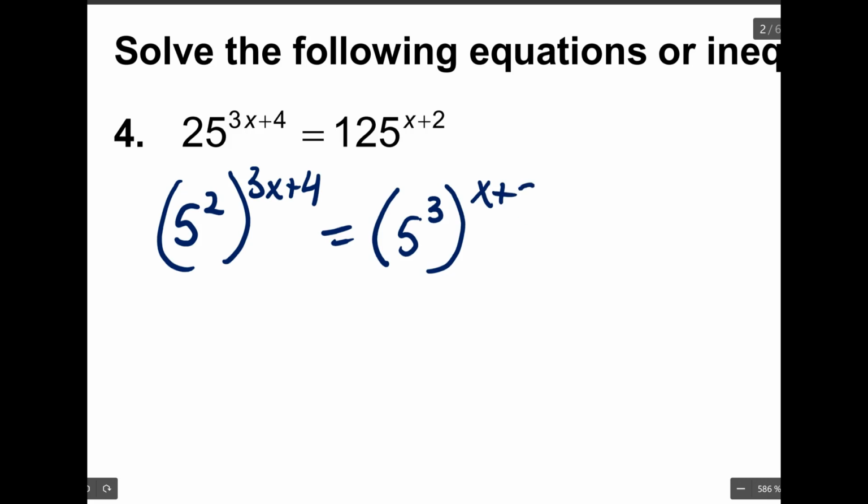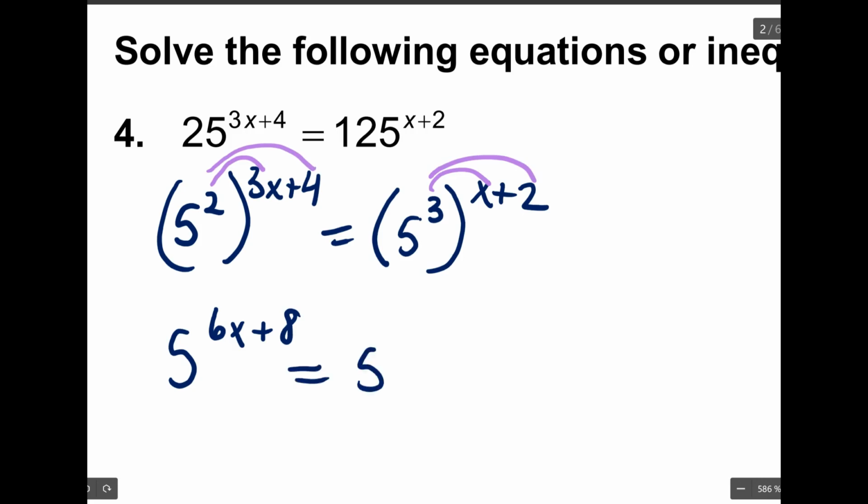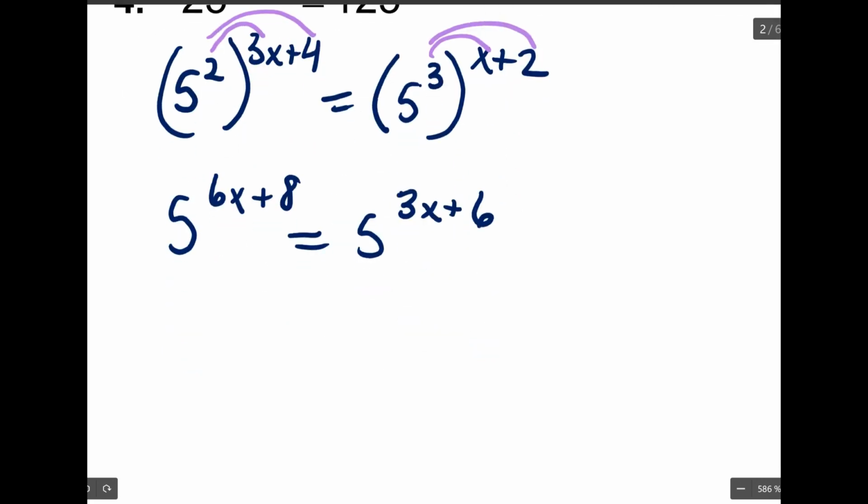So on the left hand side, it would be 5 to the 6x plus 8, equals 5 to the 3x plus 6. And then you would rewrite the problem with 6x plus 8 equals 3x plus 6.